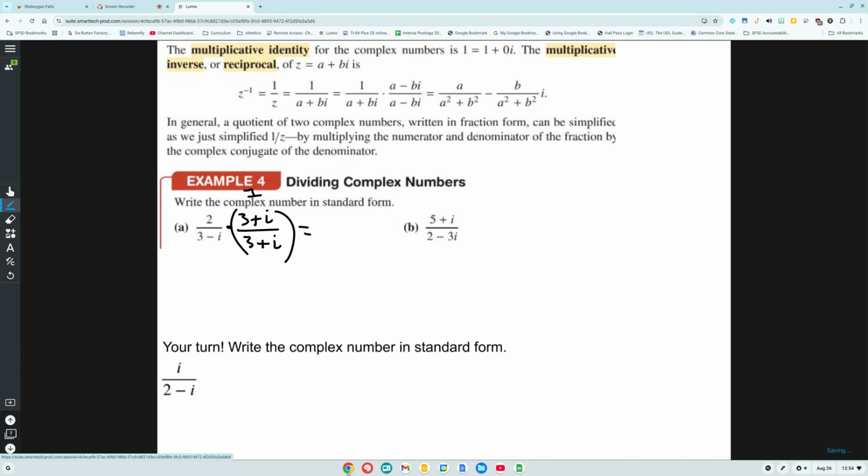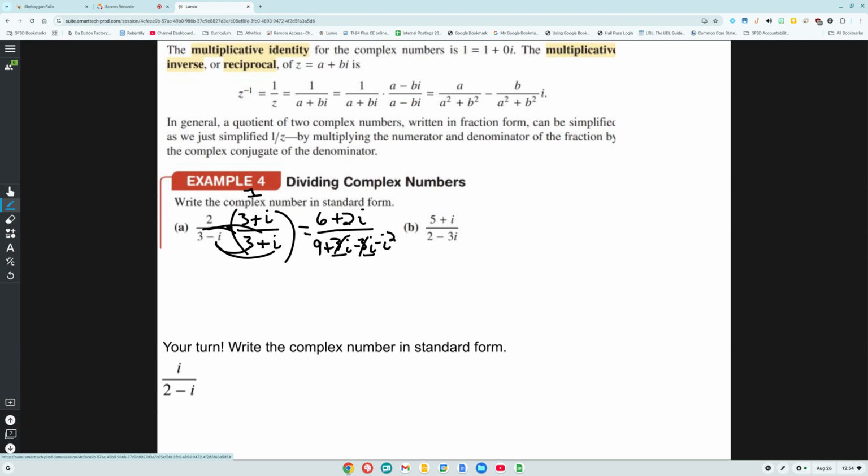So I'm going to multiply my numerators together. 2 times 3 is 6. 2 times i is 2i. And in the denominator, I'm going to think about my distribution. 3 times 3 is 9. 3 times i is 3i. Negative i times 3 is negative 3i. And negative i times i is negative i squared. But again, you're going to notice that those middle terms cancel each other out.